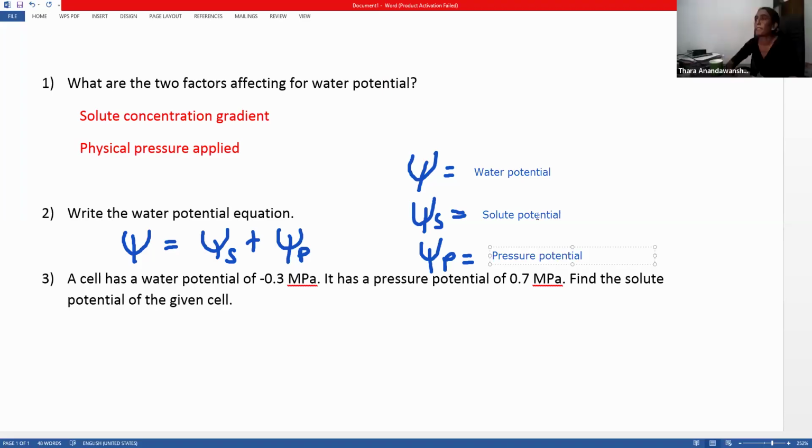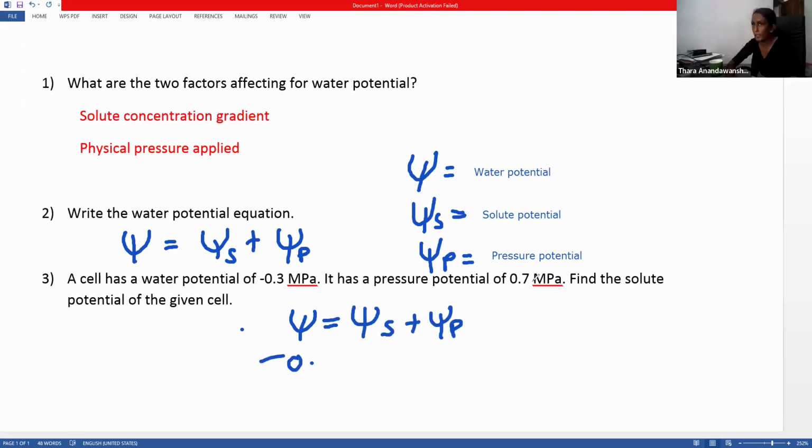Further. Okay, everyone. Now there's a question. It says that the cell is having a water potential of minus 0.3 megapascal. So we have to write the equation always. Psi is equal to psi s plus psi p. So the given values we are going to apply.